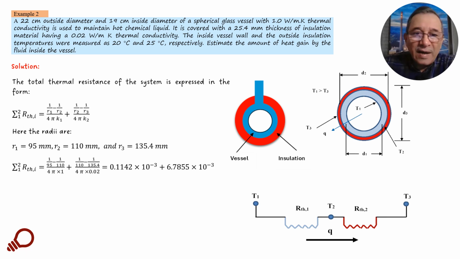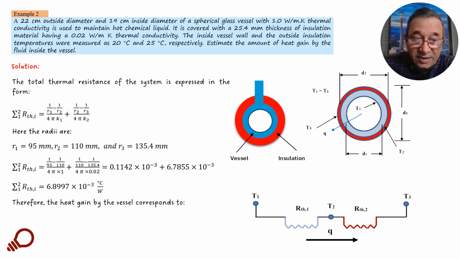The inside dimension is 195 millimeter, the outer is 210 millimeter, and the insulation outer is 335.4. We have the thermal conductivities of these materials. Then we will get the total thermal resistance to be 6.8997 times 10 to minus 3 degrees Celsius per watt.